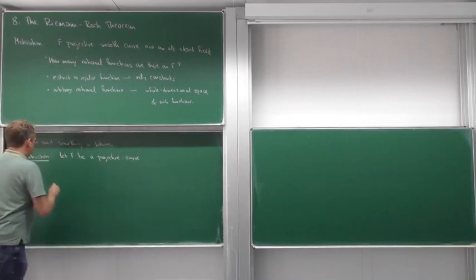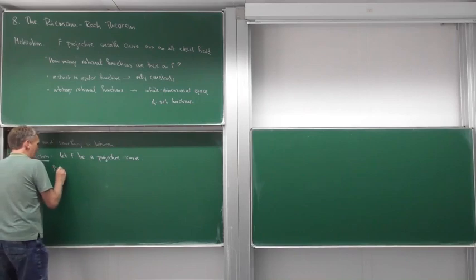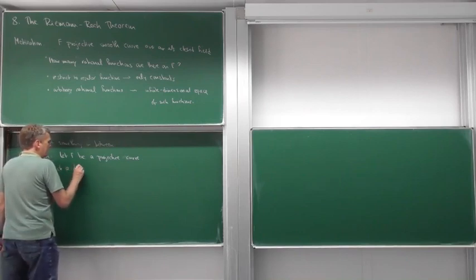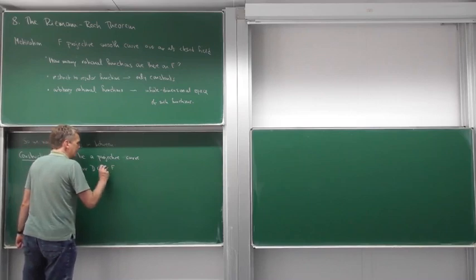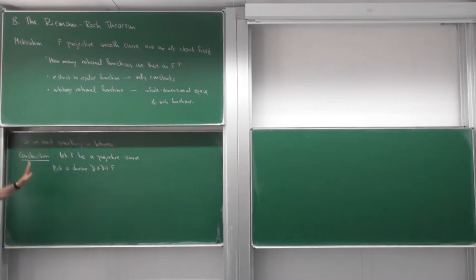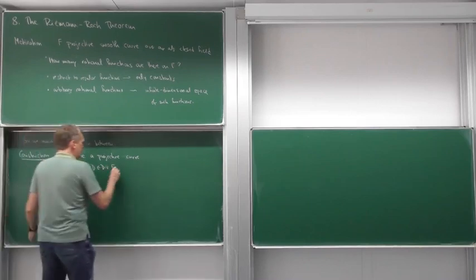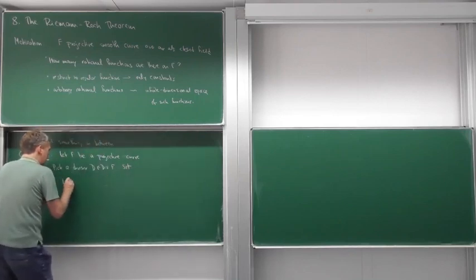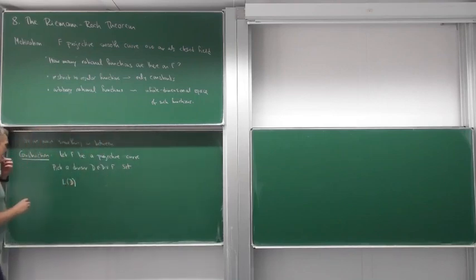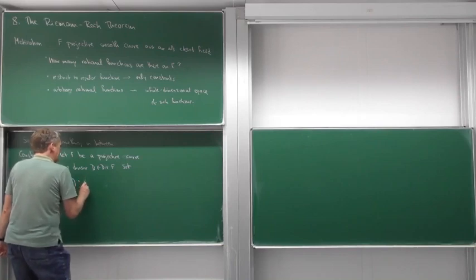And we pick a divisor D in div F, so it's an actual divisor, not just a divisor class. And we set, it's a standard notation even, a capital L of D, and that is the following space.